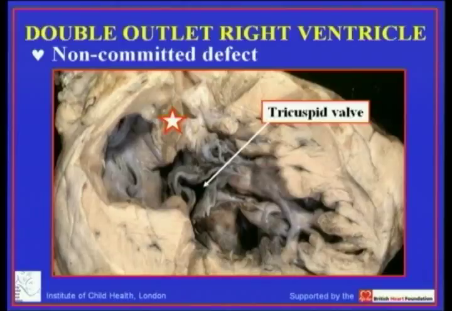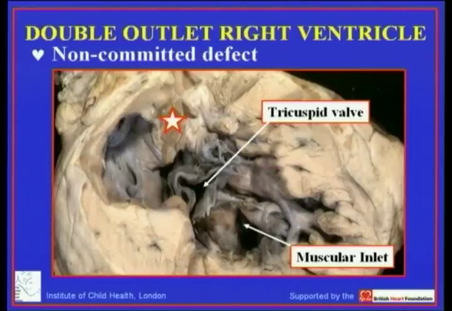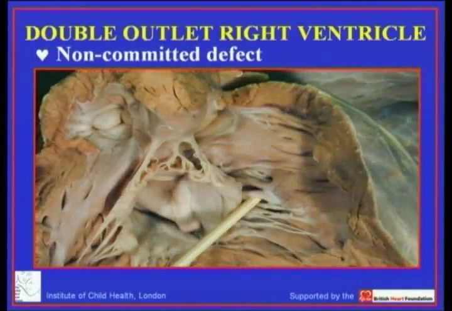And you see that the tricuspid valve is now interposing between this muscular inlet defect and both of the outflow tracts. So there is no question that the defect is non-committed, as is this one that is shown by the probe passing through from the right ventricular inlet to the inlet of the left ventricle.